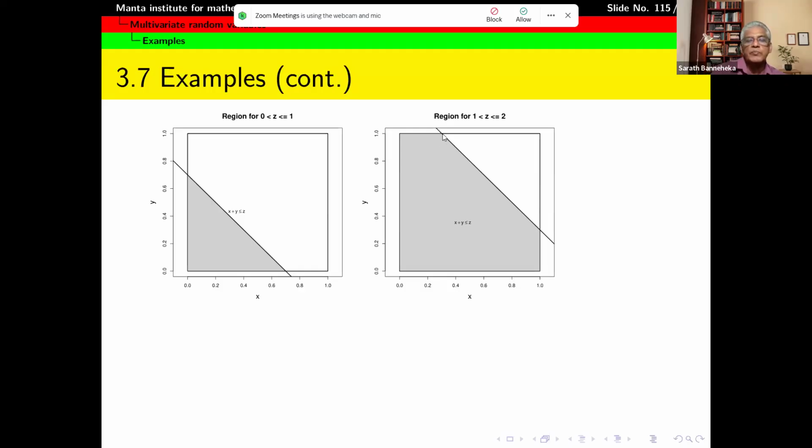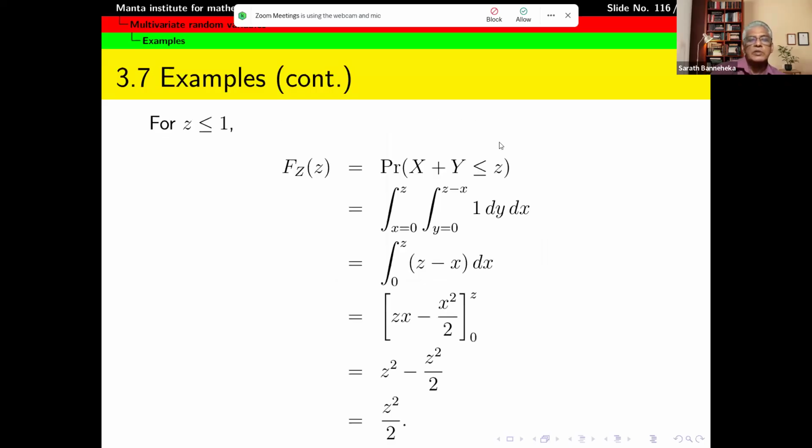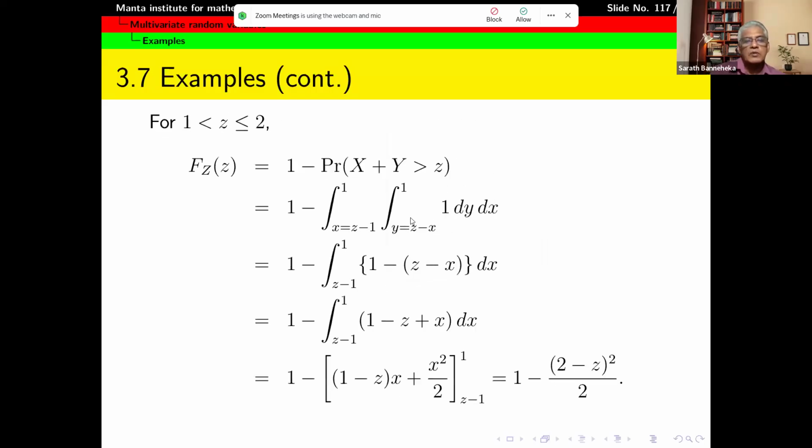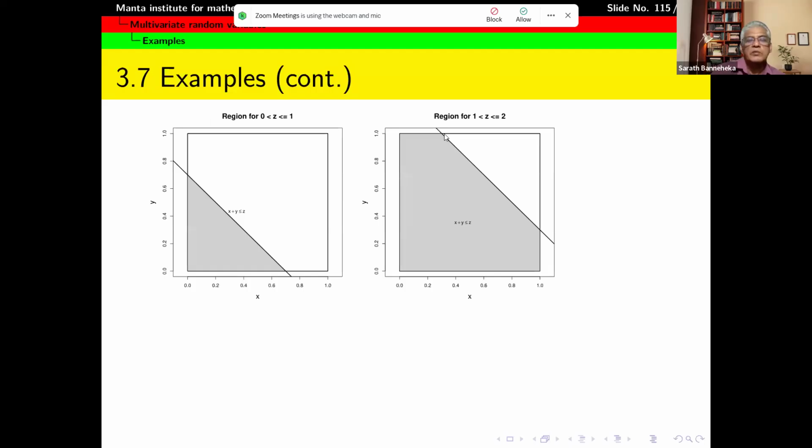In this case, x will be changing from this point to this point, so that will be x equal to z minus 1 to 1. This one is z minus 1 here, right?